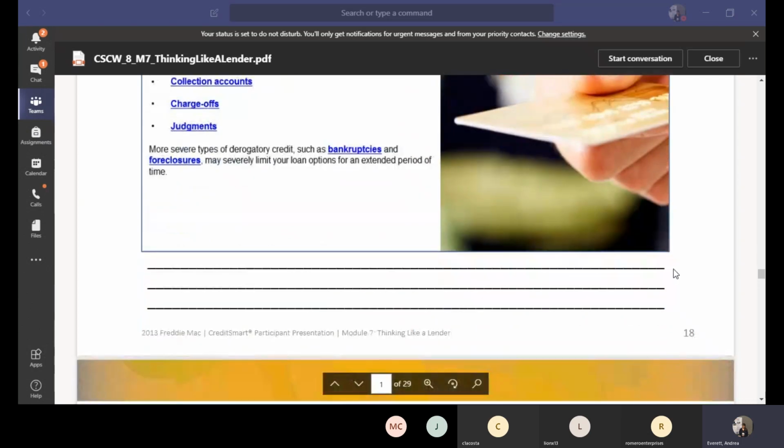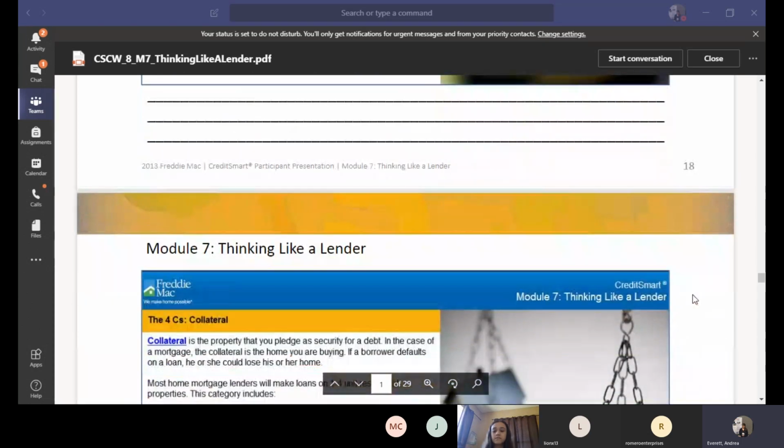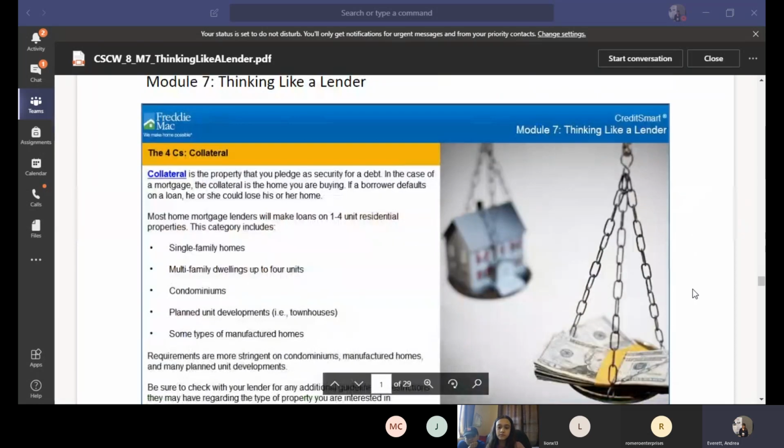If you have those on there and you're not able to take them off, or you're not able to pay creditors back, they're going to affect you for a long time, at least 7 years for a loan that you're not paying off, and 10 years if you have a bankruptcy on there, right?